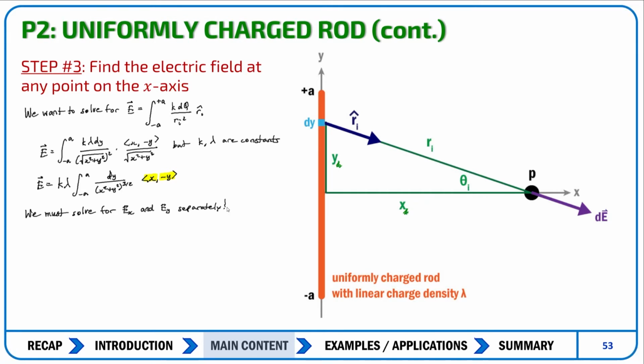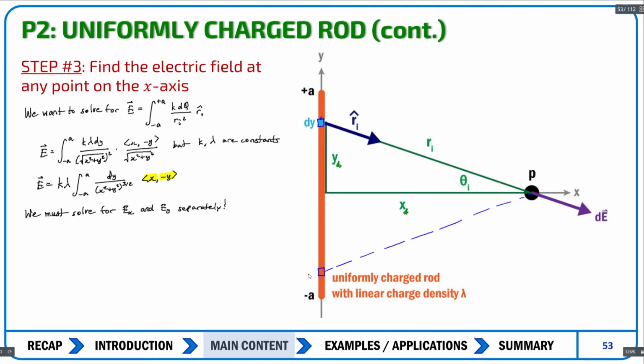Now, one thing you can do is first take a look at what happens with each of these. Do we want to do the work and solve for Ex and Ey, or maybe we can see if we can just ignore one of them? So what I would do in this case is take a look at one component here, which is my dy. I take a look at the exact same component down here.